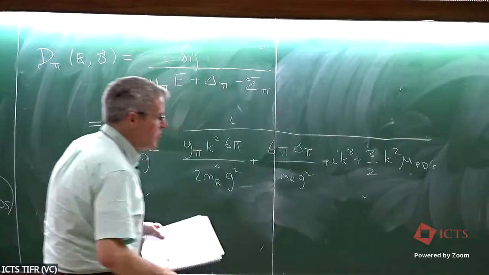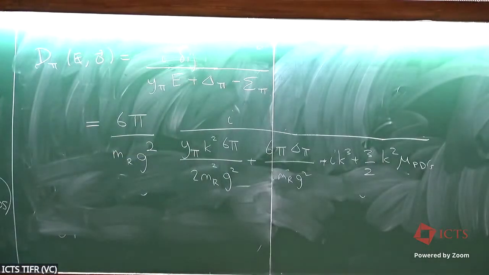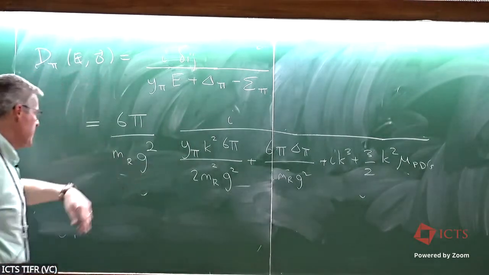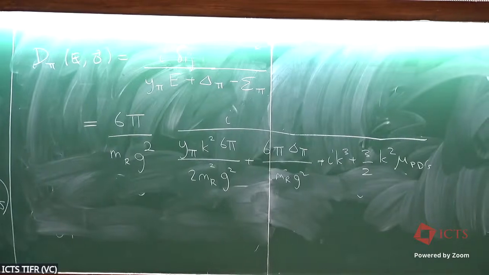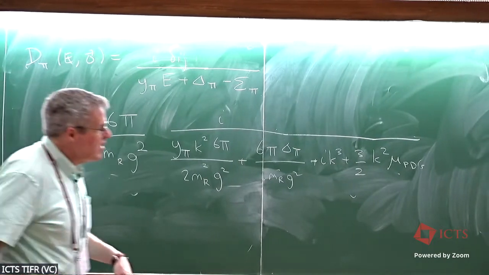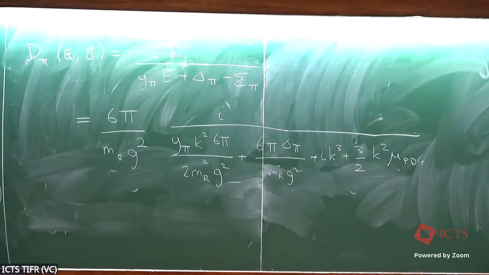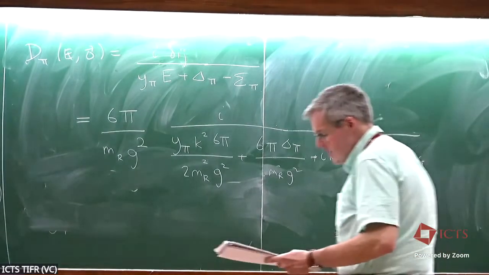I claim this is what you get if you substitute this result into here for sigma pi, and then I multiplied the top and the bottom by 6 pi over mr g squared in anticipation of getting that overall factor of 6 pi over mr over there.